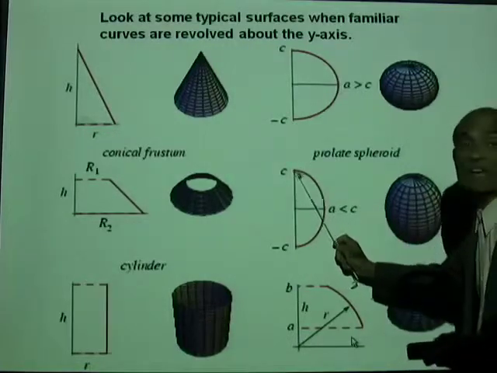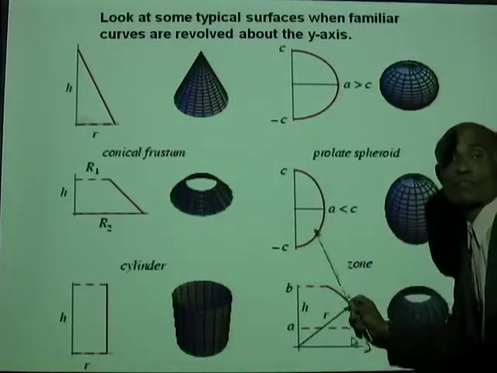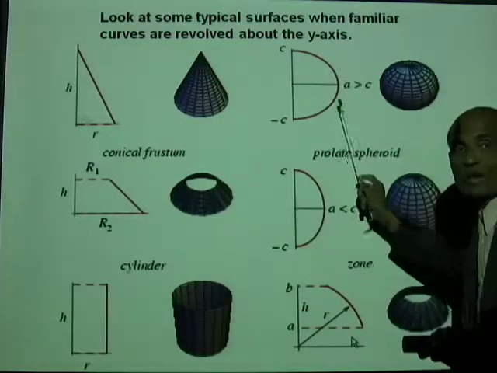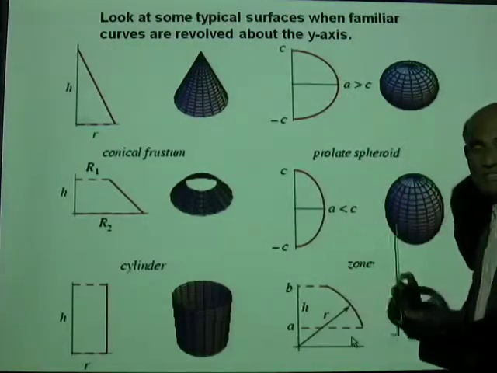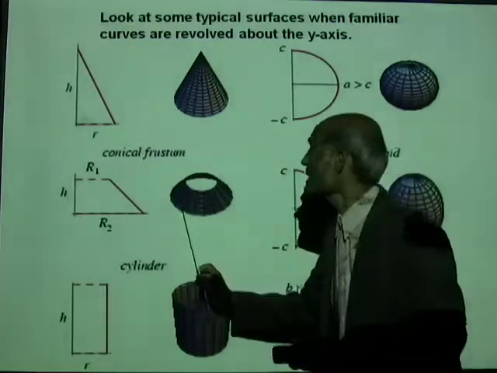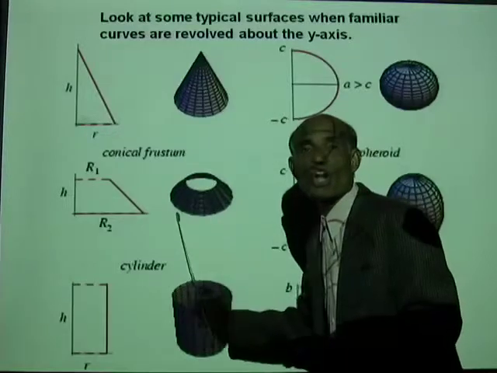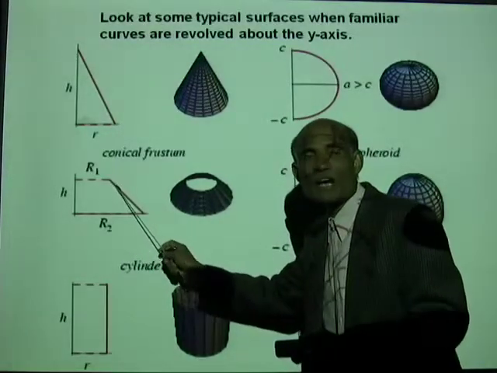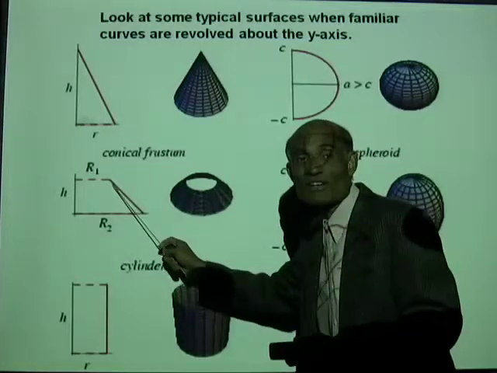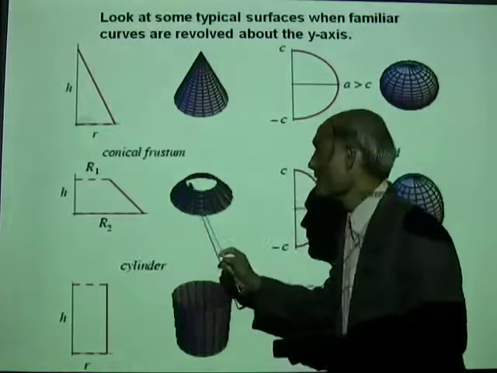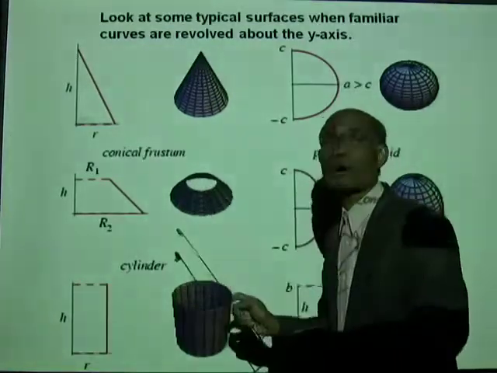And when you have a different kind of curve, this is bulging more towards the right. Now this is more flat, and look at the shape of the solid. And this is called a conical frustum, and that is generated by revolving this line about the y-axis. That leaves that hole at the top.